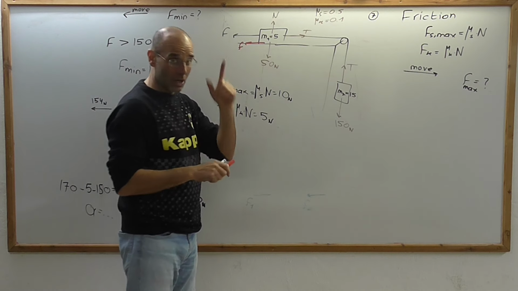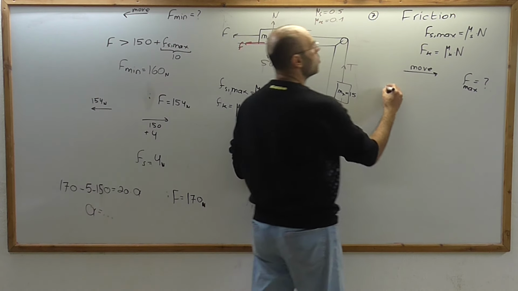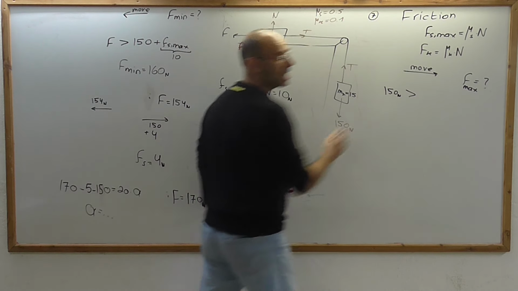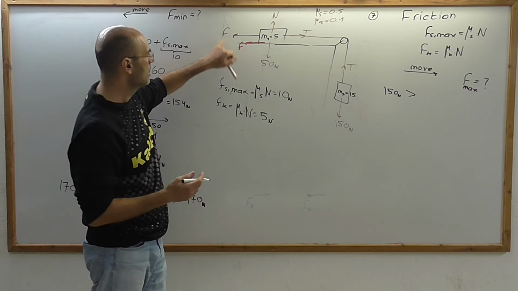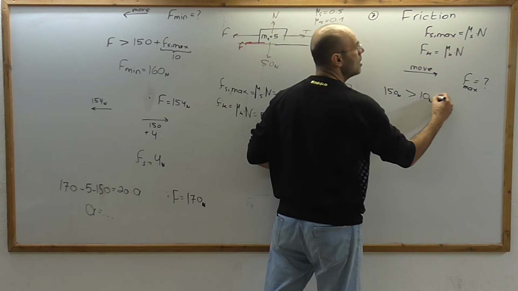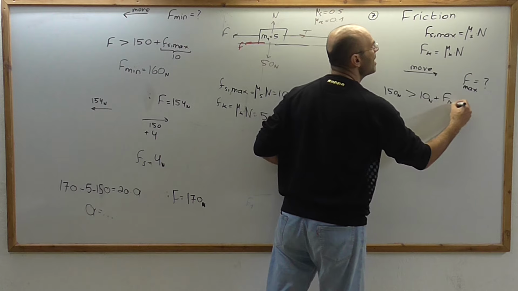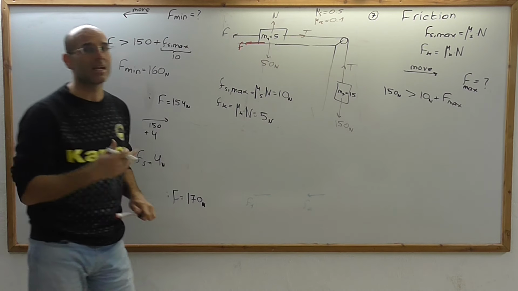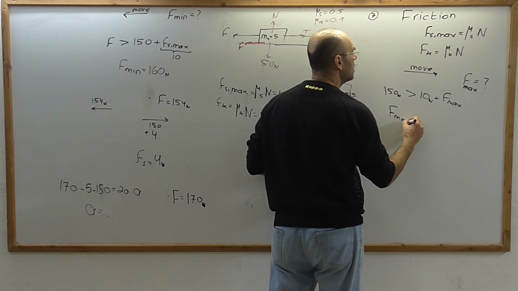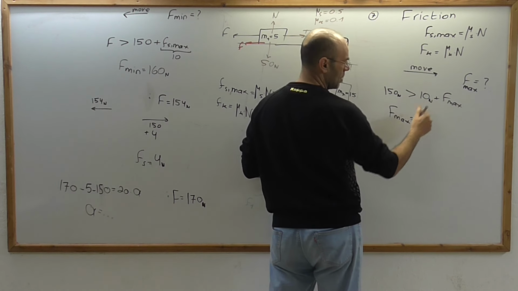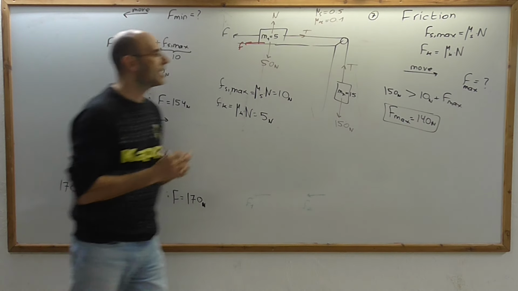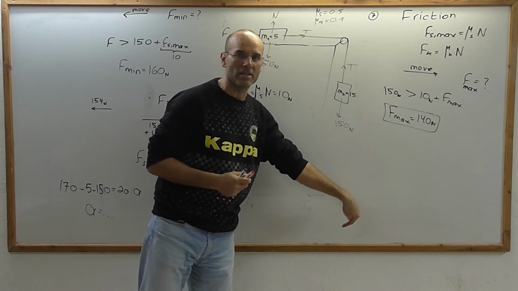So, what I want is that the 150 newtons, which is this one, will overcome what? Will overcome the F static max, which is 10 newtons, plus the maximum F that I can apply. So if the maximum F will be 140 newtons, this system will start accelerating that way.